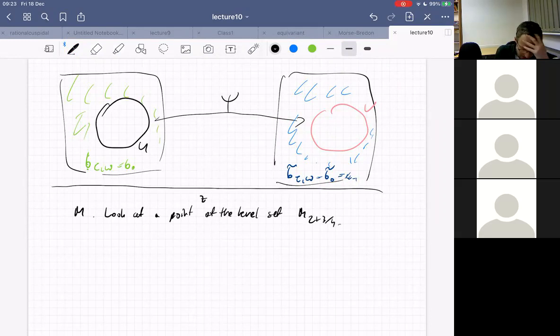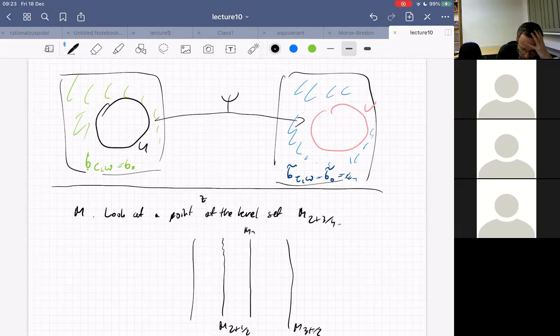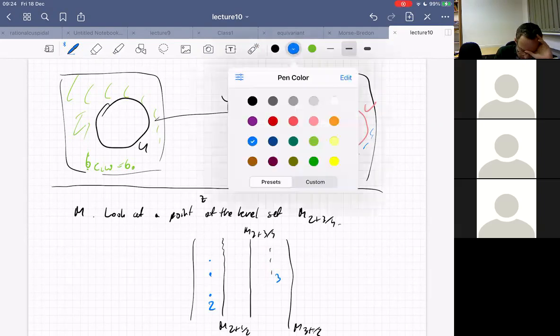We have m2 plus 1 half, we have here m3 plus 1 half, but we have m2 plus 3 over 4. So before we have index 3 critical points, but after we had index 2 critical points. And we choose a point z.